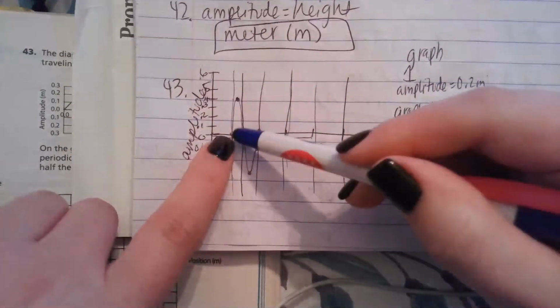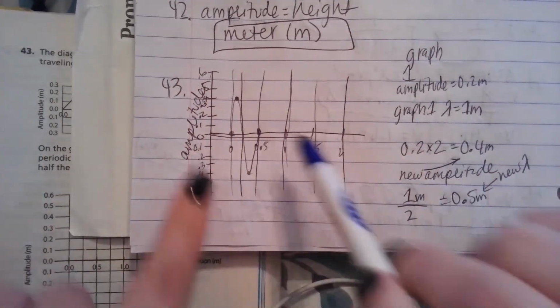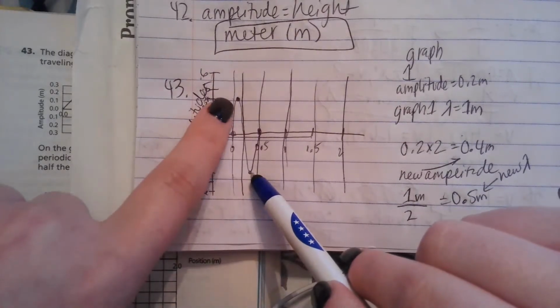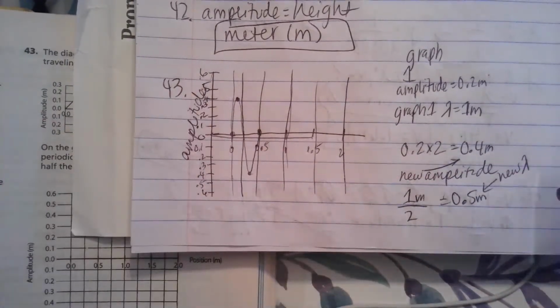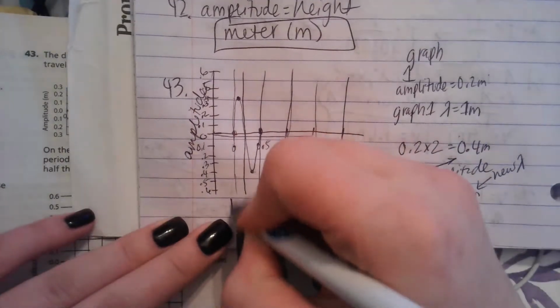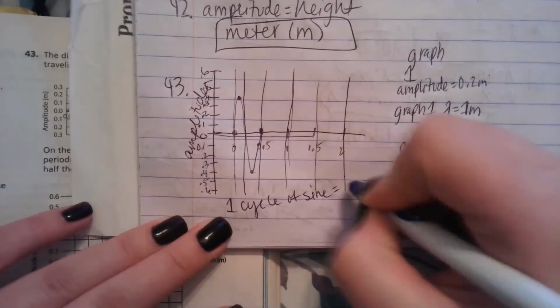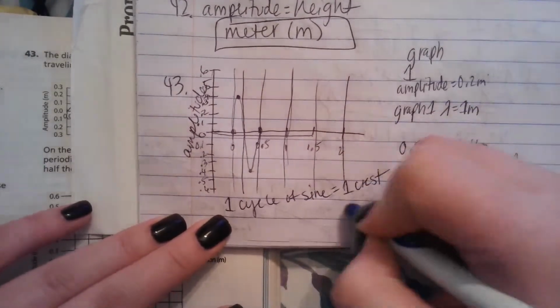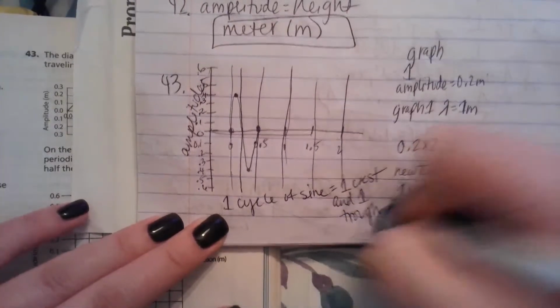I clearly see my wave goes from 0 to 0.5, which is the new wavelength, and the amplitude is 0.4. How did I know where to put those points? Well, I know that one cycle of sine is a crest and a trough. Okay, so one cycle of sine equals one crest and one trough. Okay.